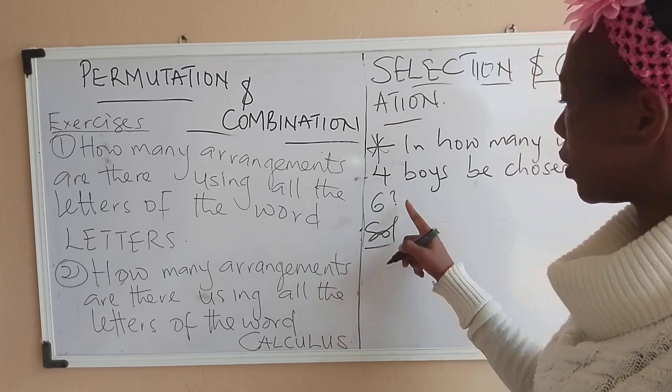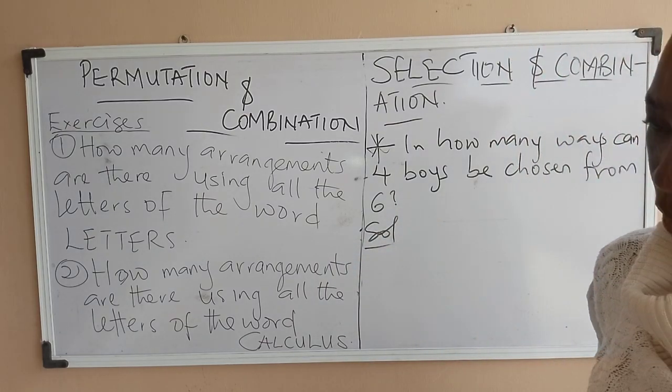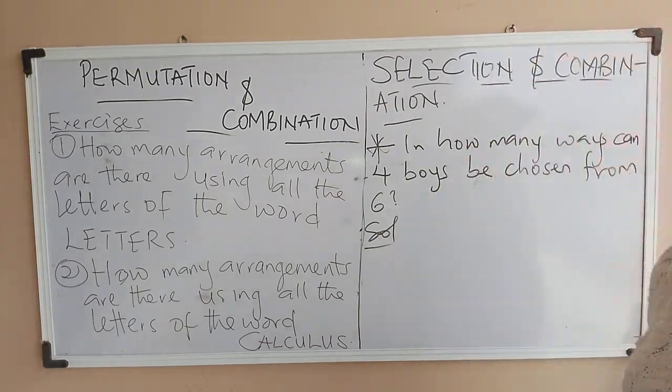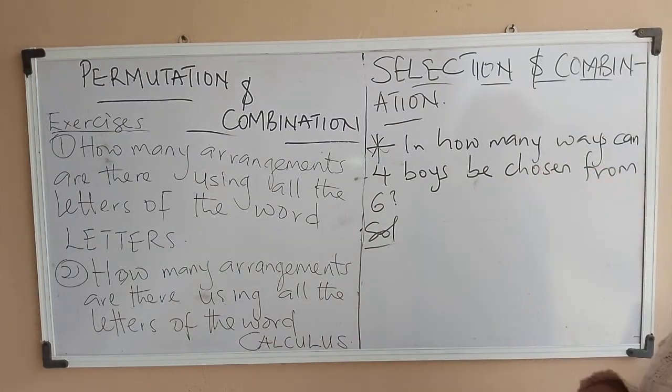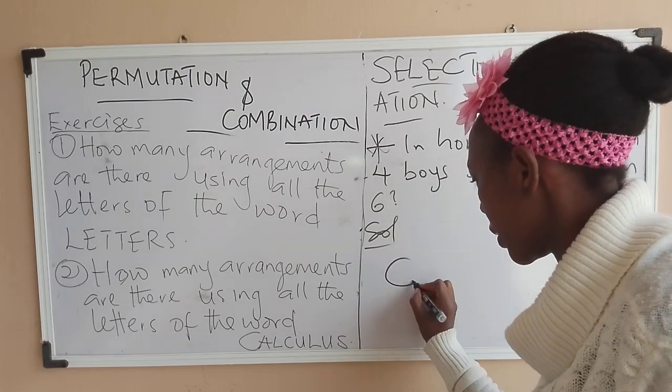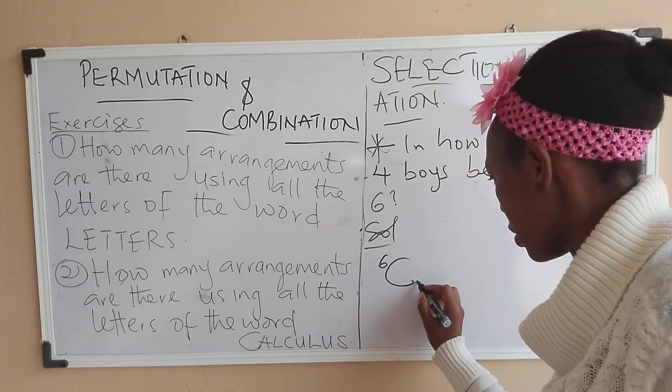Solution. Please, this is a question mark. Can 4 boys be chosen from 6? How do we go about this one? This will be written as 6 combination 4.